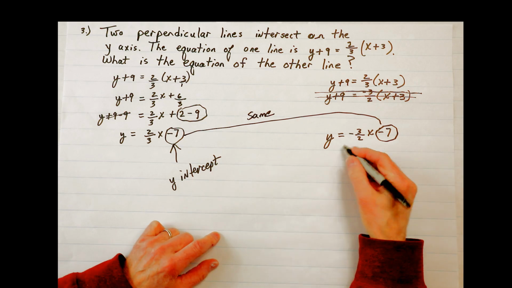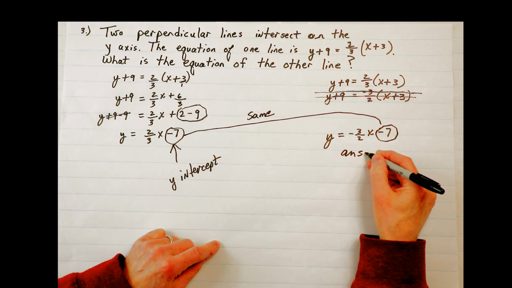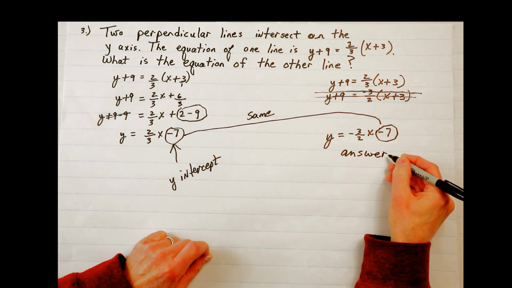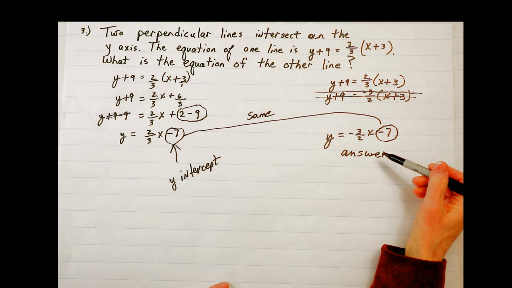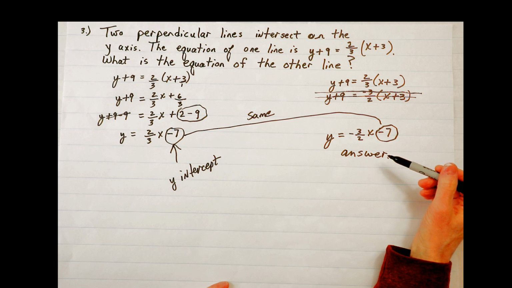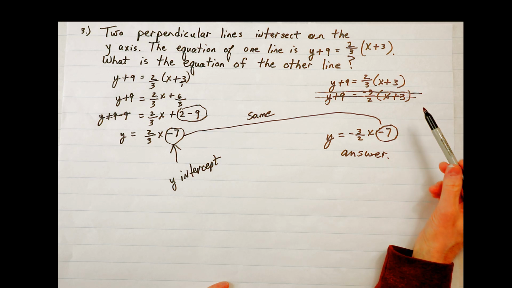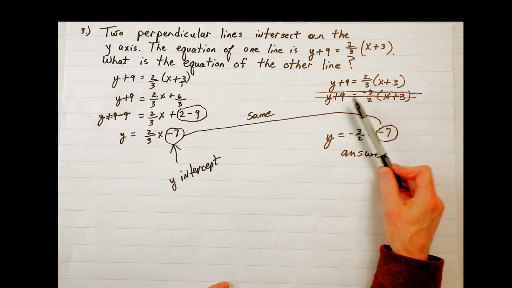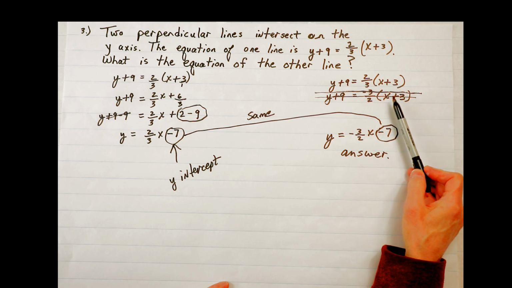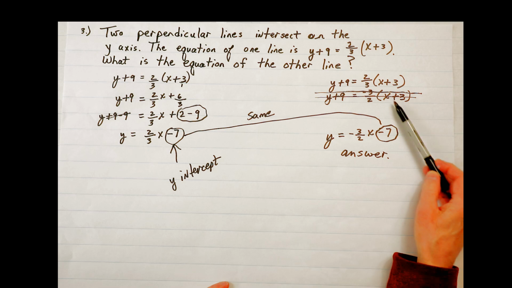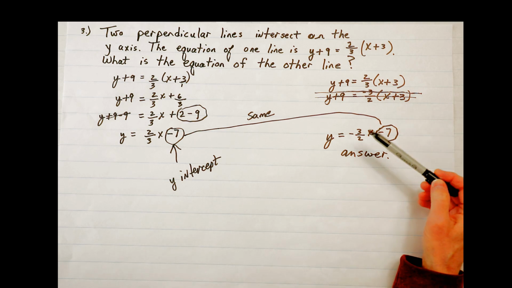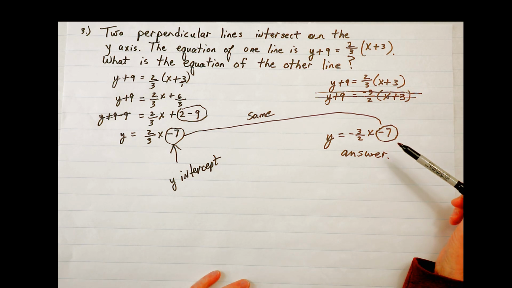So here is the answer over here. That's the easiest way to do this one. The easiest way often is with slope point form, but in this particular question, you could put it in slope point form, but it would be more work.